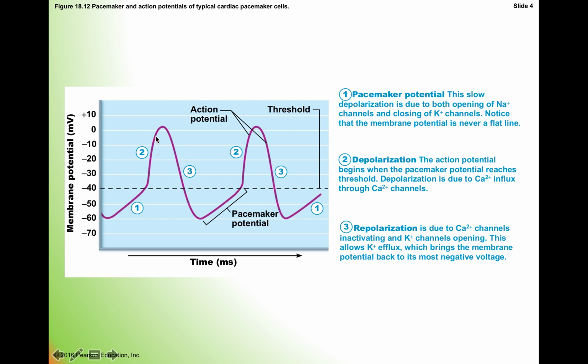We have the depolarization part of the action potential, relying on calcium influx, number 2. And then the last step is repolarization that relies on potassium efflux, or potassium leaving the cell.